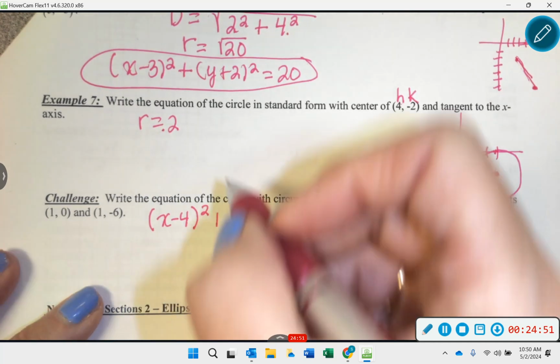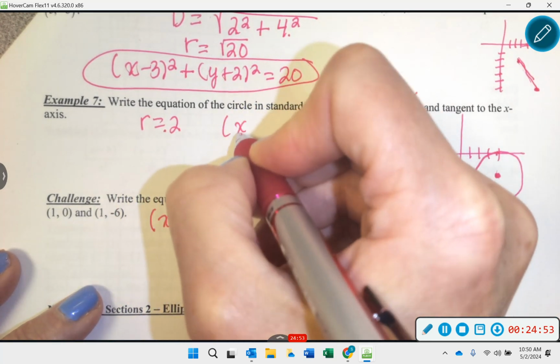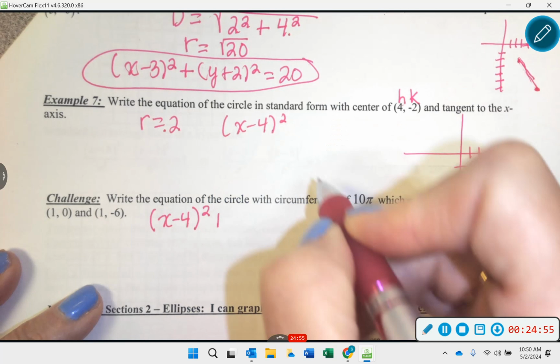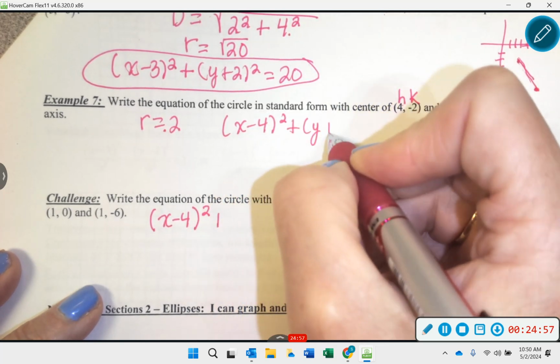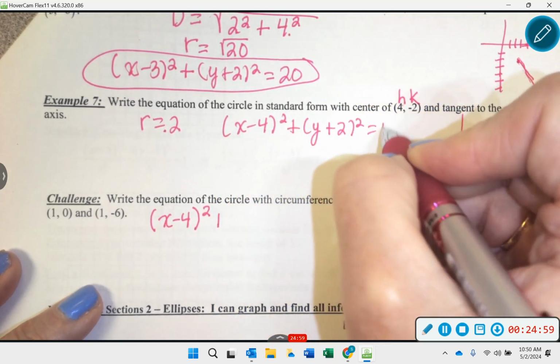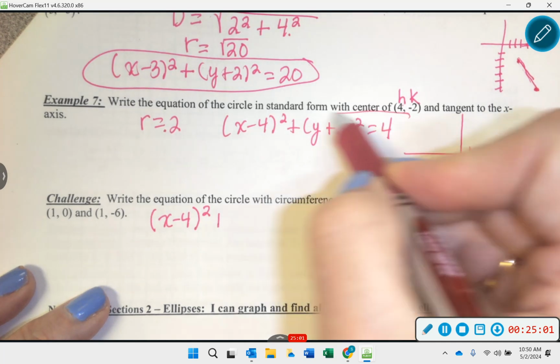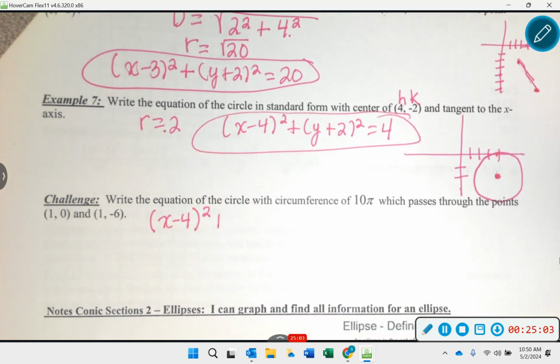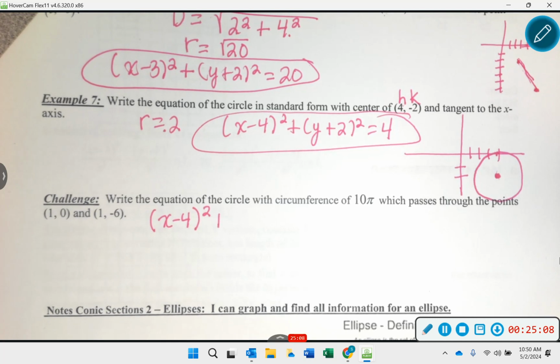Oh, shoot, I'm writing that in the wrong spot. All right, you guys get it right?